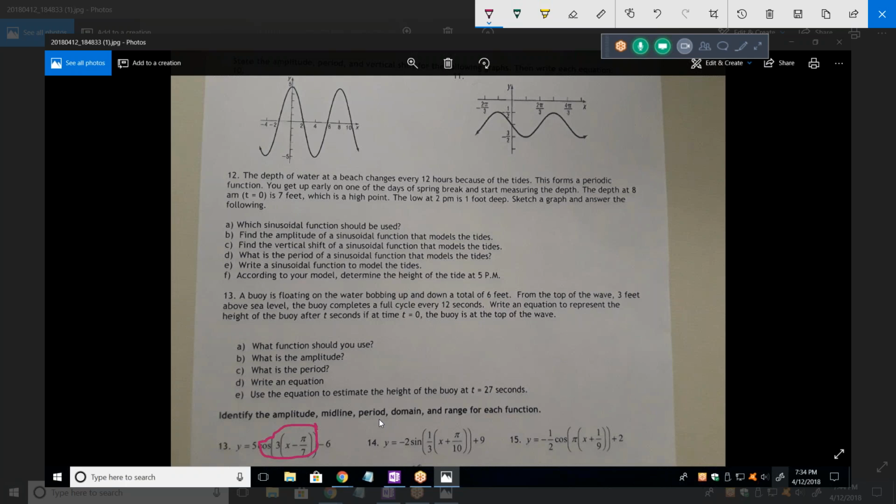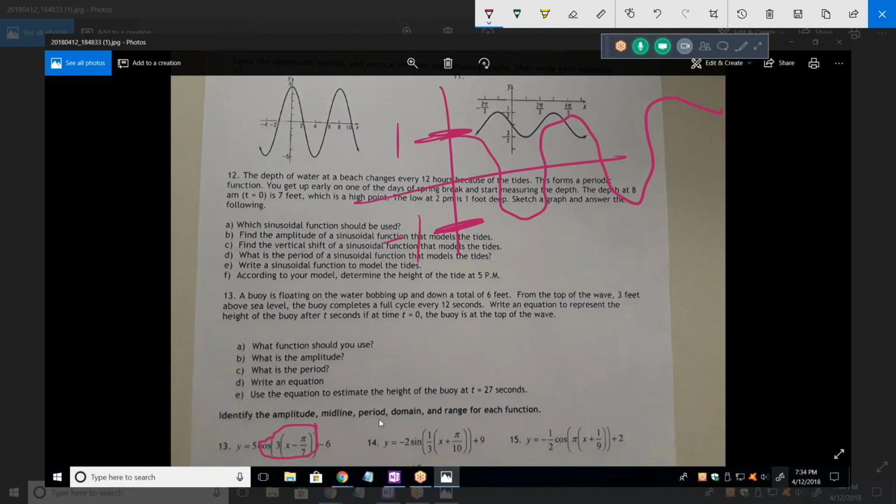What's cosine go from? If I draw a cosine curve, what's that point and that point? Oh, 1 and -1. That's the maximum cosine can ever be, 1. The minimum it can ever be is -1.